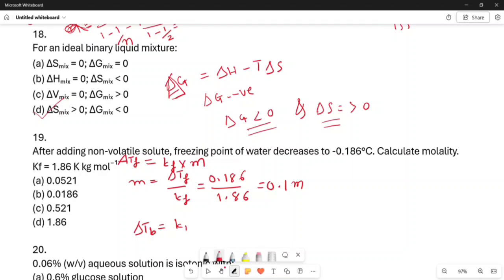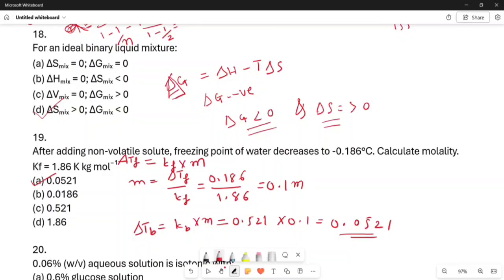Delta Tb is equal to Kb into M, which is 0.521 multiplied by 0.1. So the answer is 0.0521. So option A is correct.